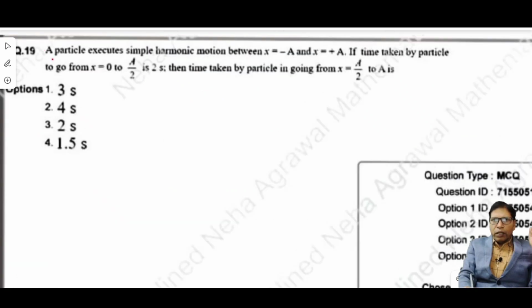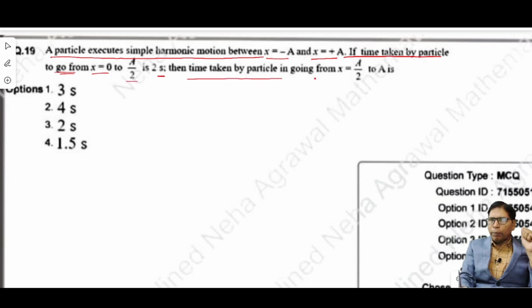Okay. Now question number 19. A particle executes simple harmonic motion between x equals minus a and x equals a. If time taken by the particle to go from x equals 0 to x equals a by 2 is 2 seconds, and time taken by the particle to go from a by 2 to a.